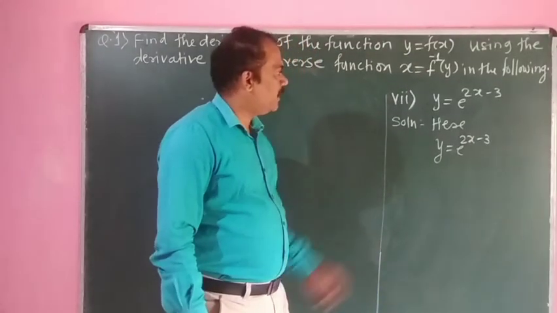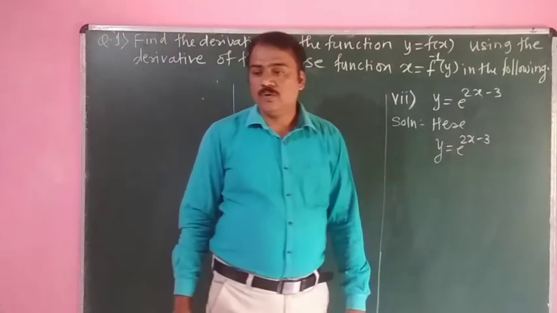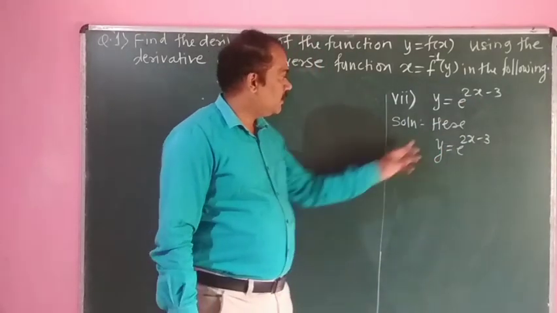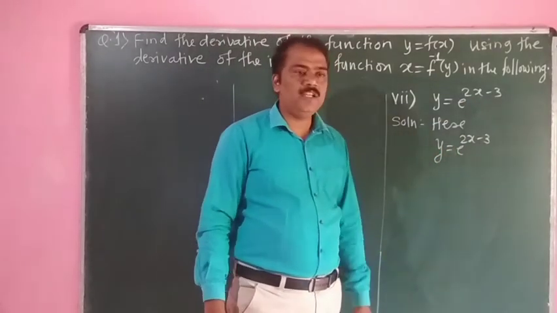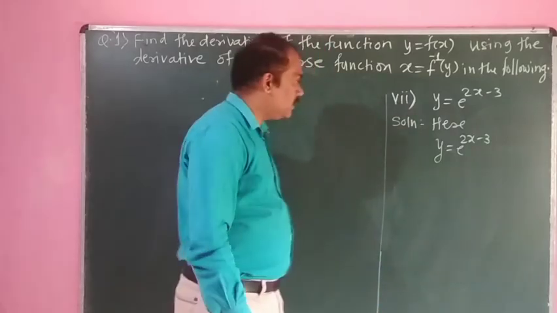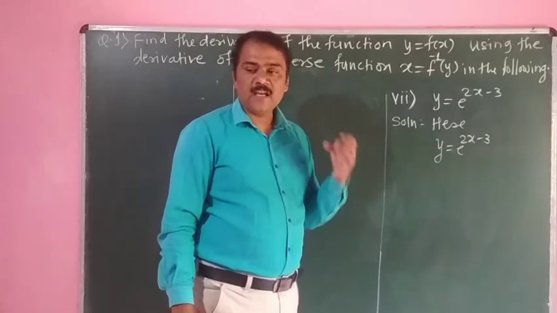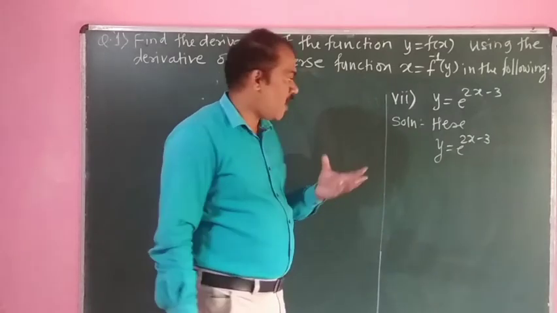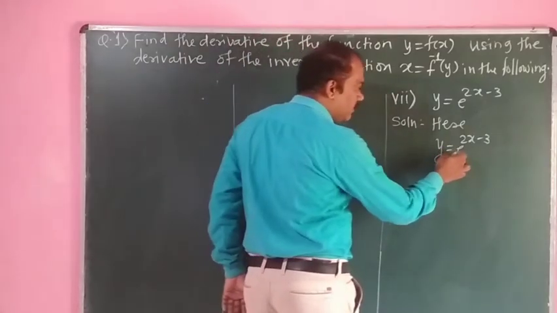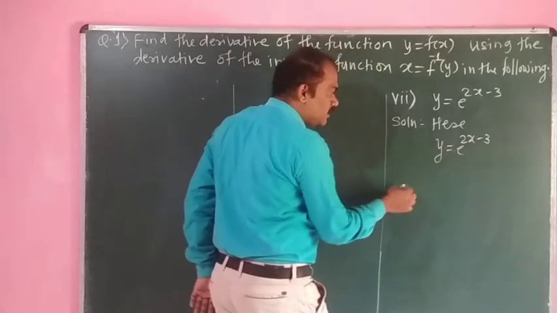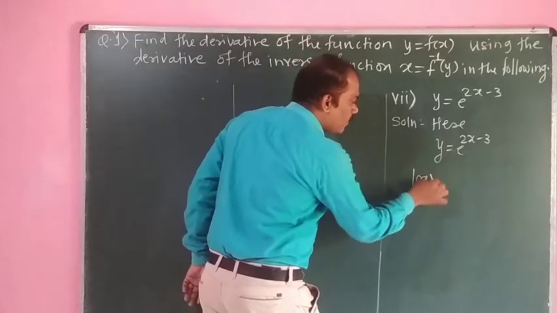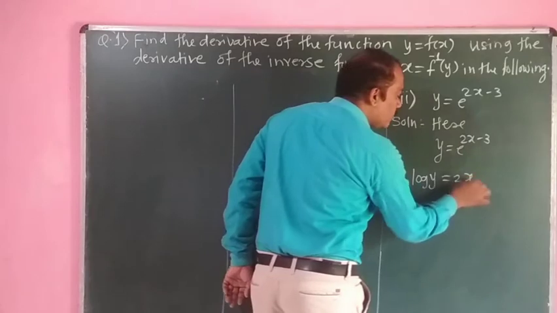Example number 7, y is equal to e raised to 2x minus 3. Here we consider y is equal to e raised to 2x minus 3. First of all, we have to find the inverse function, which means we have to express x in terms of y. Converting this exponential form to logarithmic form, we get log of y is equal to 2x minus 3.